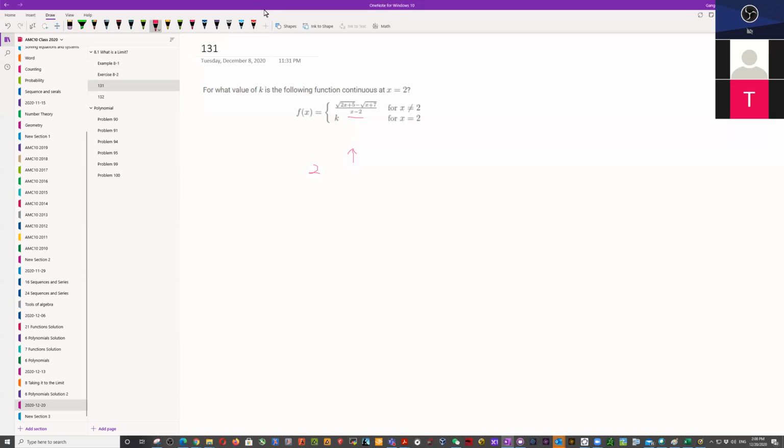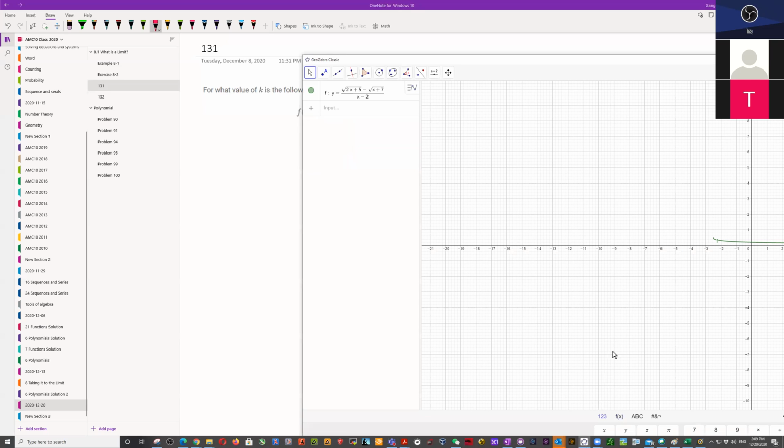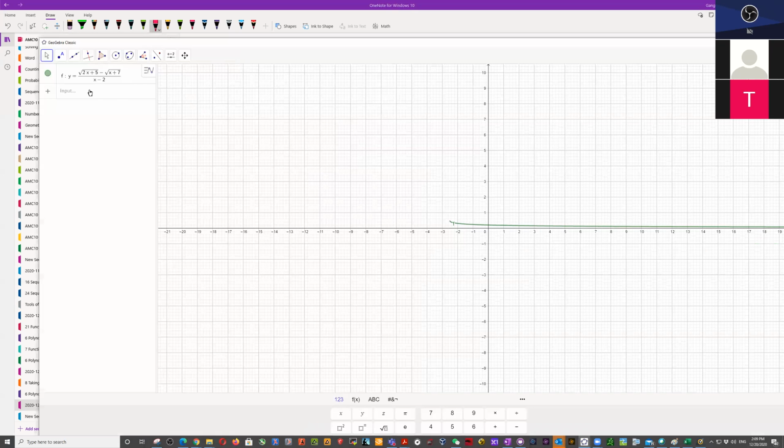To prepare for this class, I graphed y equals the square root of 2x plus 5 minus the square root of x plus 7, divided by x minus 2. It is actually a continuous curve. At x equal to 0, it is about 0.5 or 0.2.